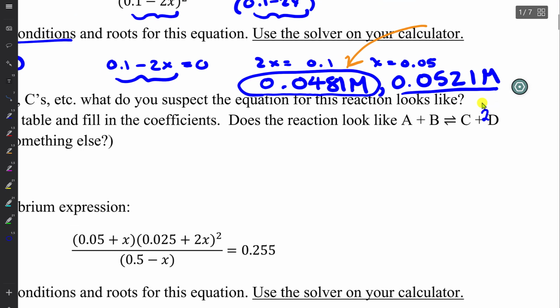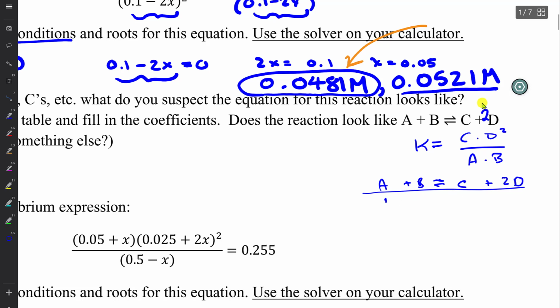And what does the equilibrium constant expression look like? The equilibrium constant expression would just be K is equal to the products, C times D squared, over the reactants, A times B. And if you look at a nice table that you might set up, let's say you start with reactants at 1 molar or something like that. So we're going to have A plus B makes C plus 2D.